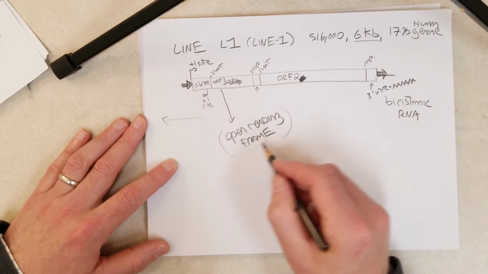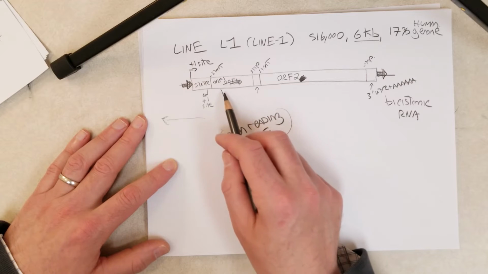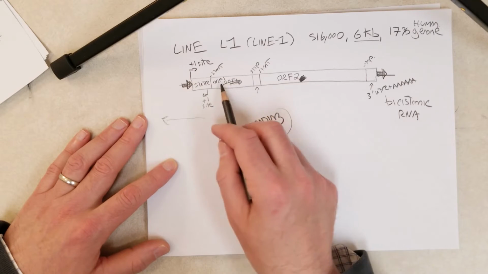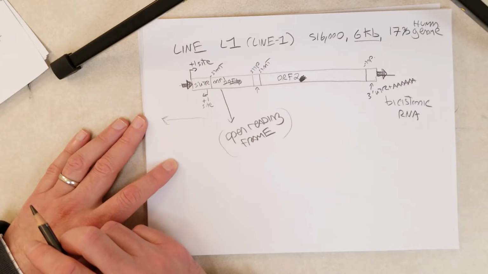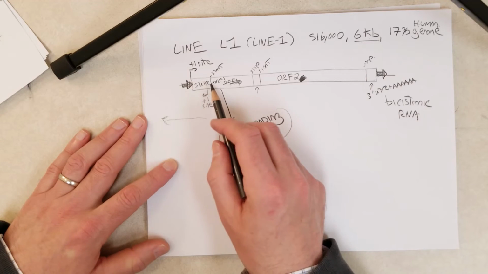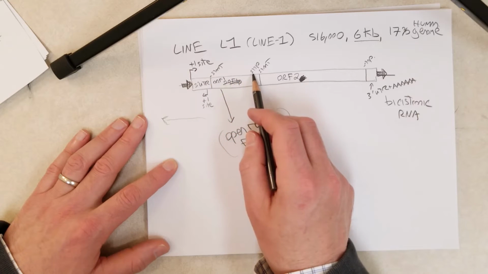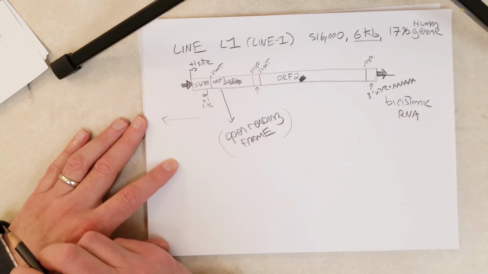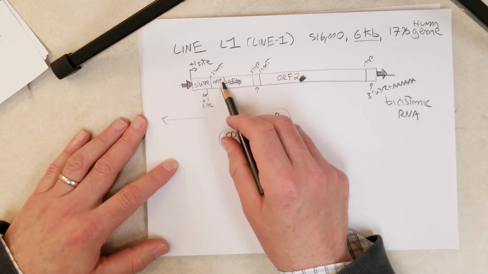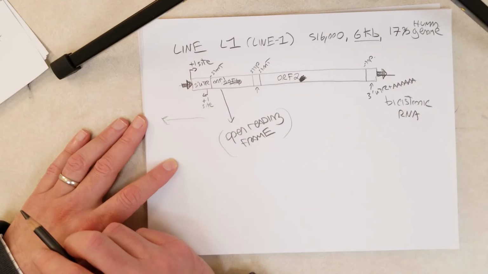So an open reading frame indicates a part of the genome that codes for a protein, and there are no stop codons in there. So if we were to start translating from, say, the start codon here, we would never hit a stop codon until we got to the end. So that whole region defines an open reading frame. So ORF1 is the first open reading frame. ORF2 is the second open reading frame.